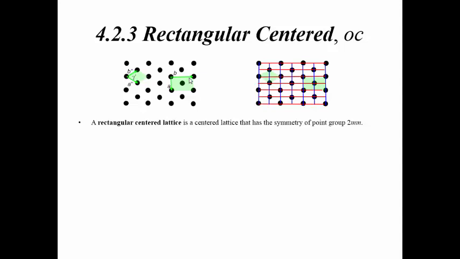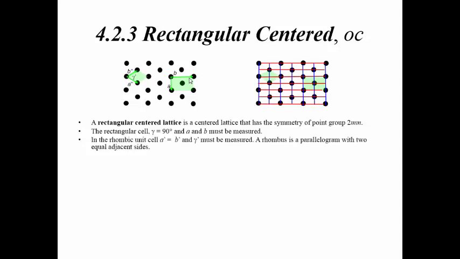So the lattice has the symmetry of point group 2mm. You need to measure a and b because gamma will always be constant. If you use the rhombic cell, you also have two parameters to measure.